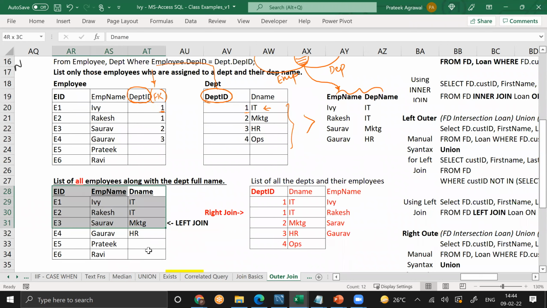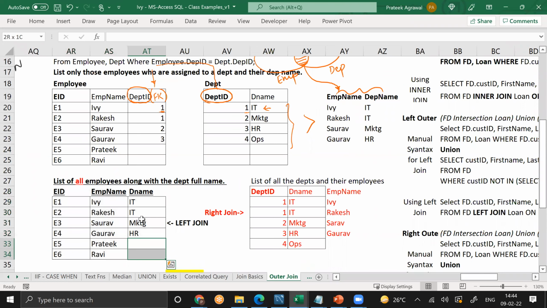Yes, but my question was there is this employee table and this department table. So in order to get a null value for Pratik and Ravi, should there be a null column for department in this table? It is department name, right, Fazal? Yes. And it doesn't show any value here. That means null value.